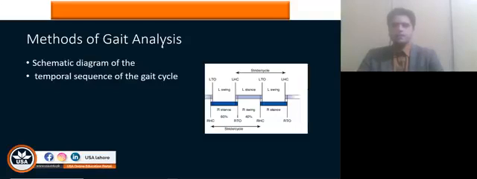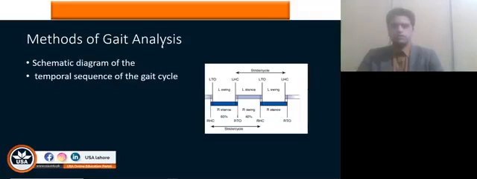Stride analysis data are used to calculate basic time distance variables, which I will discuss with you later in detail. So you just have to remember that stride analysis is helpful in understanding the temporal sequence of the stance and swing phase. I will discuss these temporal variables later on in the slideshow.